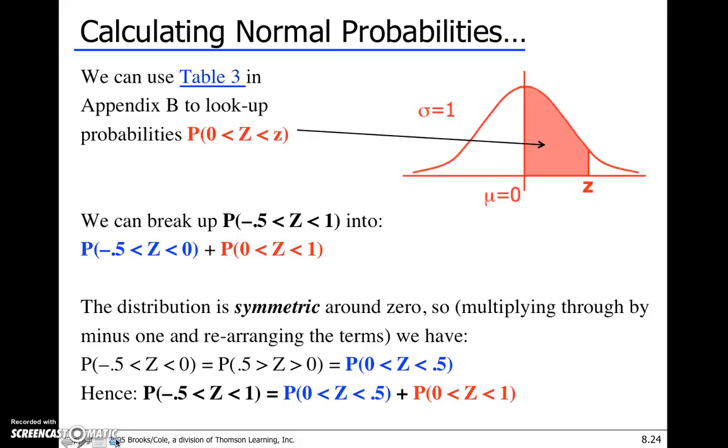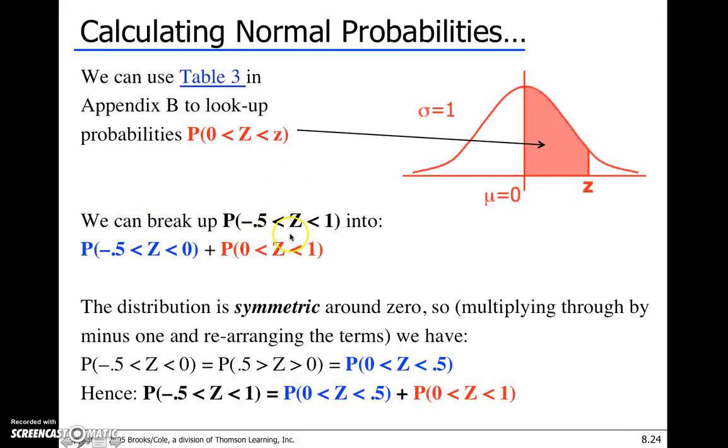Calculating normal probabilities using table 3. Using table 3, appendix B, to look up the probability that z is greater than 0 and less than z. Z lies between 0 and z here, as shown. This is the area. We want to find the probability z lies between 0 and 1, the first part of the problem.